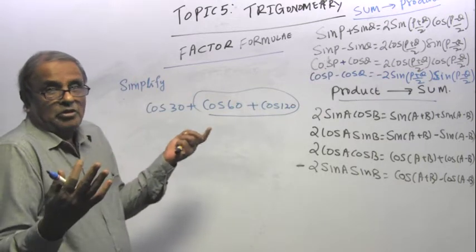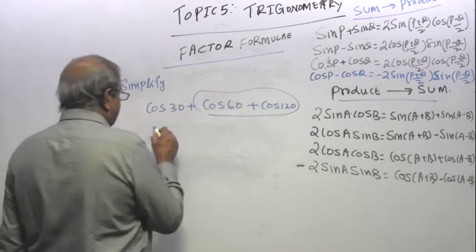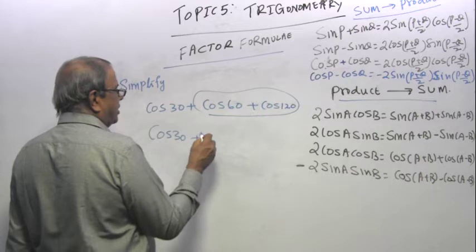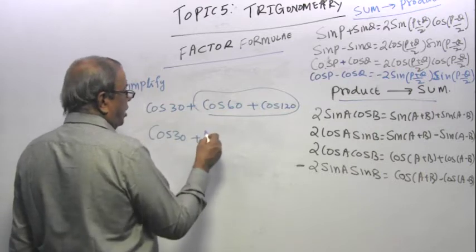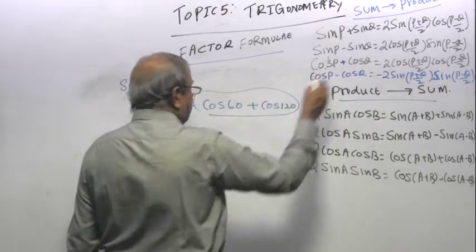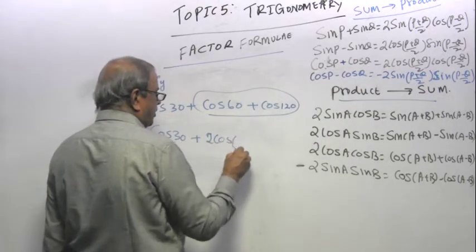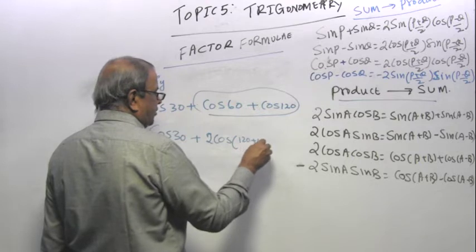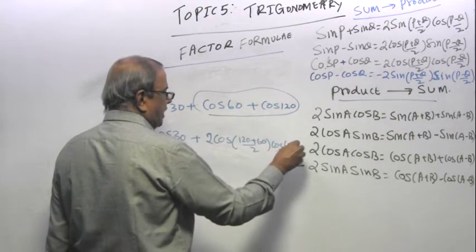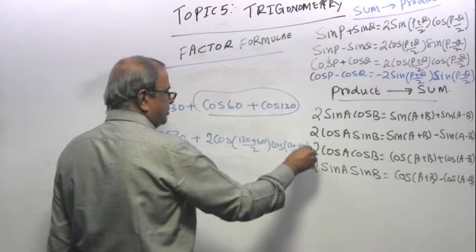And I'm not supposed to use a calculator. Fine. Write it as cos 30 plus cos 60 plus cos 120, which is 2 cos ((120 plus 60) over 2) cos ((120 minus 60) over 2).